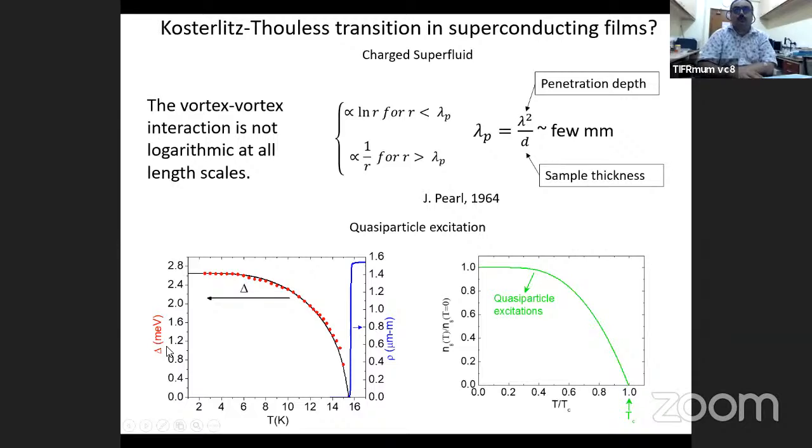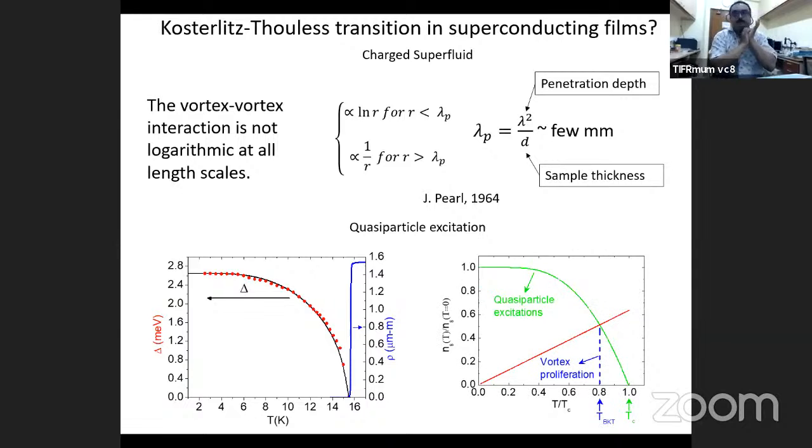Now the second thing is quasi-particle excitation. You know that if you measure the temperature dependence of superfluid density, then even without Kosterlitz-Thouless transition, it will vary like this. It will go to 0 at Tc. This is BCS theory. We have derived how 1 by lambda square varies within BCS theory.